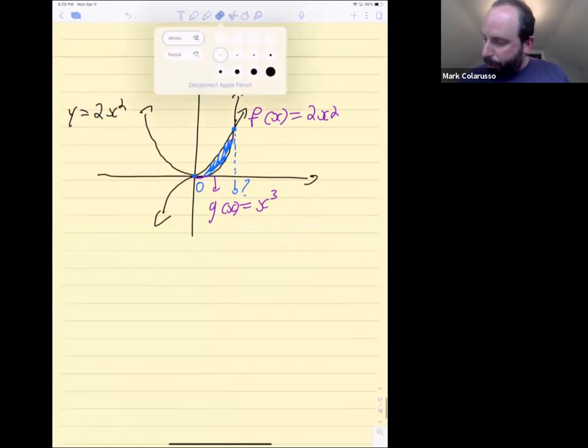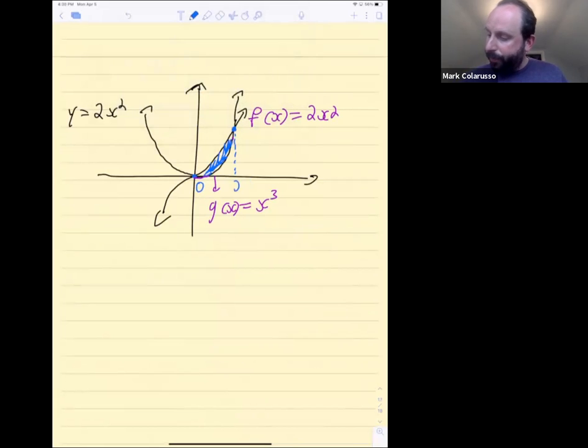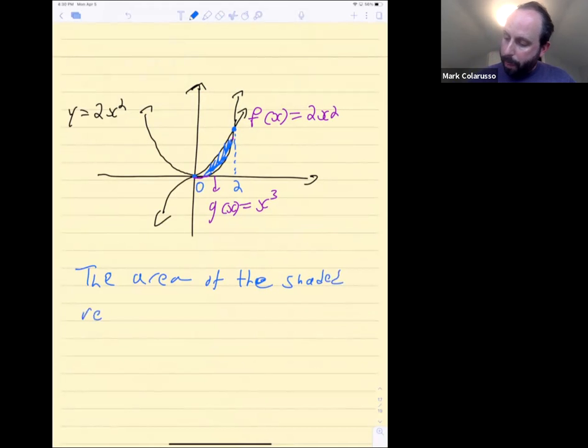This point, this value of b, the second intersection point we found, had value 2. The cubic curve was on the bottom, the parabola was on top, and the area of the shaded region in blue was 4/3, or is 4/3. It still is 4/3.